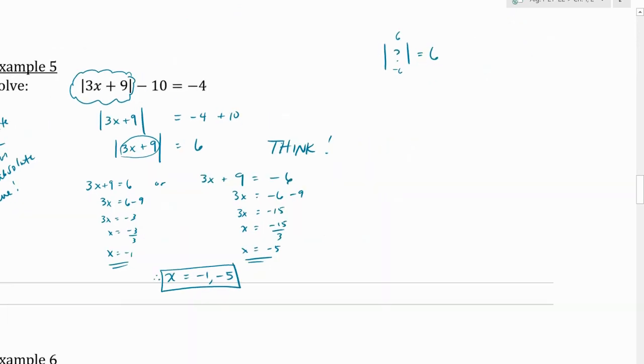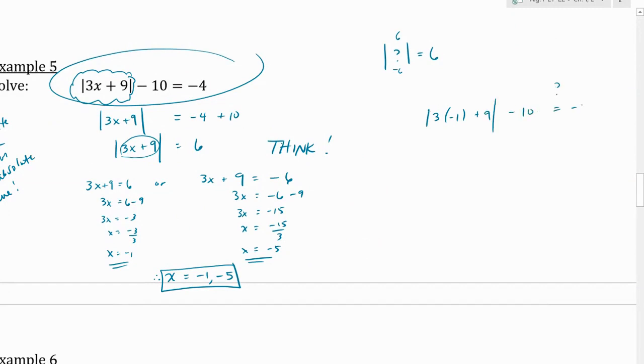And you want to check? Go back to the original problem. Absolute value of 3 times, well, let's say this. If you take 3 times negative 1, add 9 to it, take the absolute value of that whole thing, take 10 away, does it equal -4? Okay, let's see. It sure does.